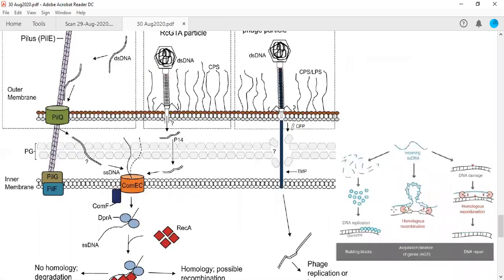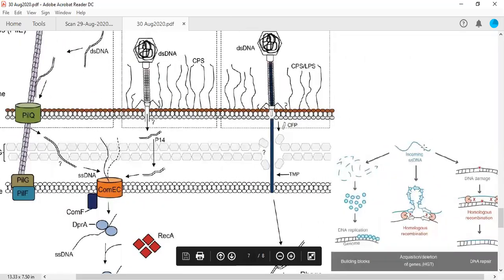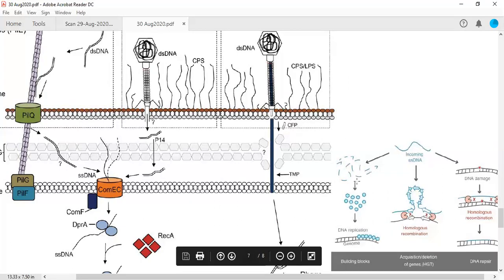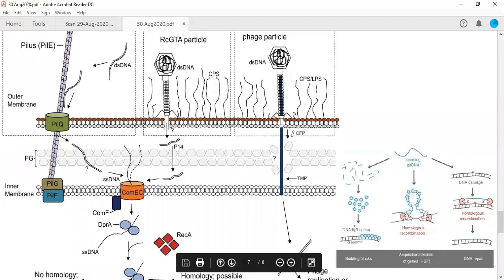Okay, so then there are three possible fates. Either this incoming single-stranded DNA, when it is in the cytoplasm of the bacterial cell, either gram-positive or gram-negative, will be degraded, so the nucleotides will be freed, and these nucleotides can be used as building blocks of new DNA during the DNA replication process. Or, if it is integrated, it will undergo homologous recombination, and you can see this will be integrated into the bacterial chromosome.